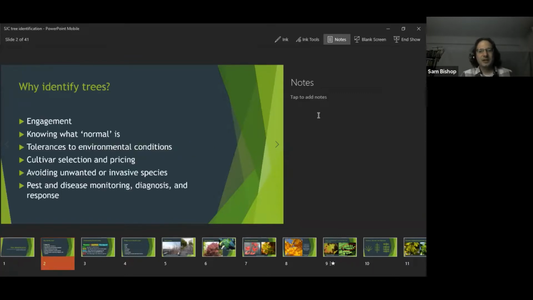All right, so reasons to identify trees, other than the obvious of doing a tree count and a tree map. The first is engagement. Especially as you shift into doing more tree care, a big part of that is getting buy-in from the rest of the community. And a lot of the time, for buy-in, it's as much about getting people to not do bad things to trees as it is to affirmatively care for them.